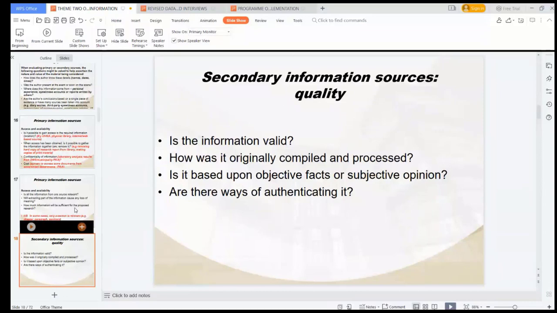And about secondary information sources quality, then the questions would be, is the information valid? How was it originally compiled and processed?